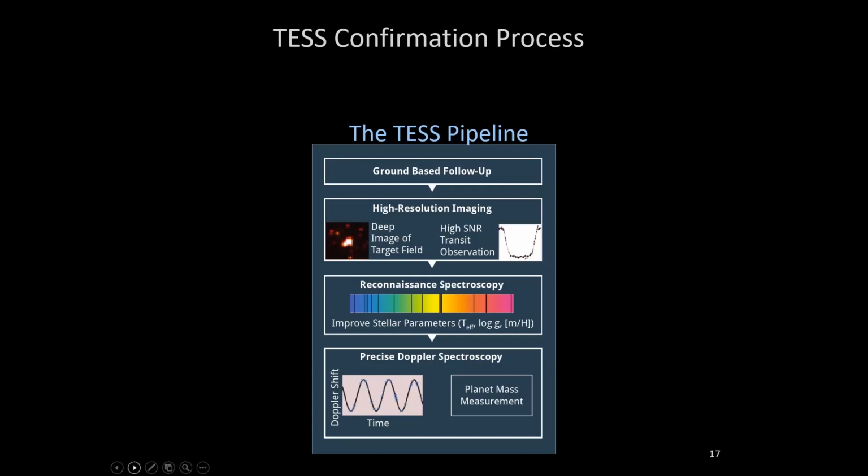So it's the first part of that, next, that amateur astronomers are involved in. So we, on the ground, are observing the candidates that TESS has identified to help determine whether or not they are false positives.